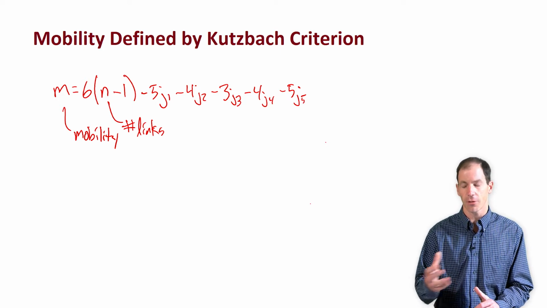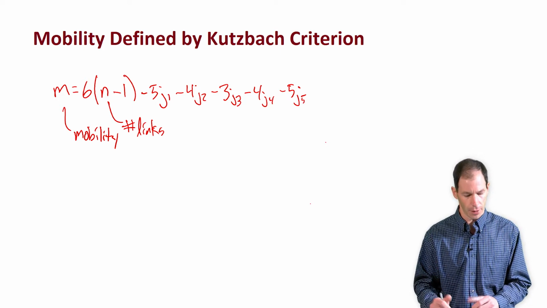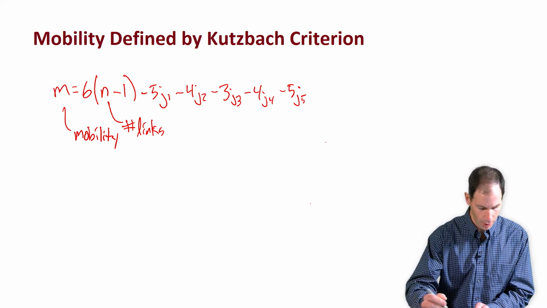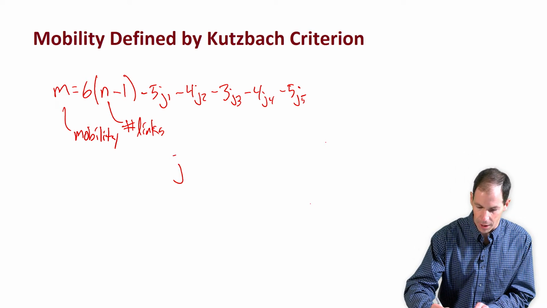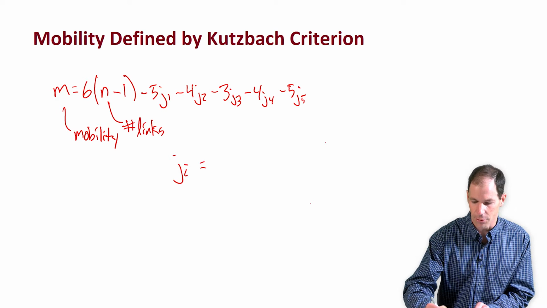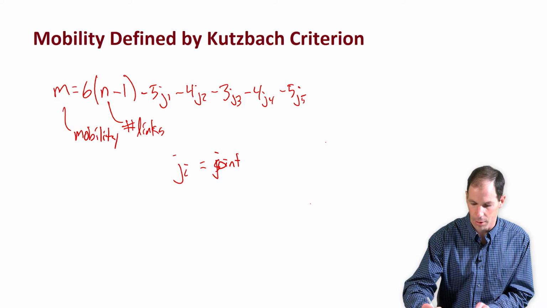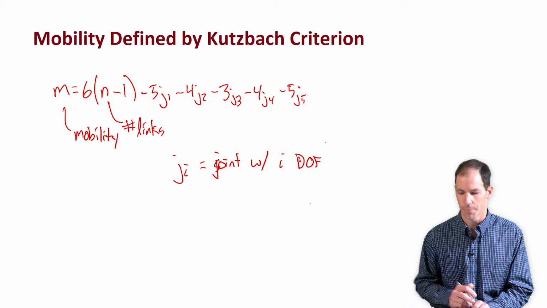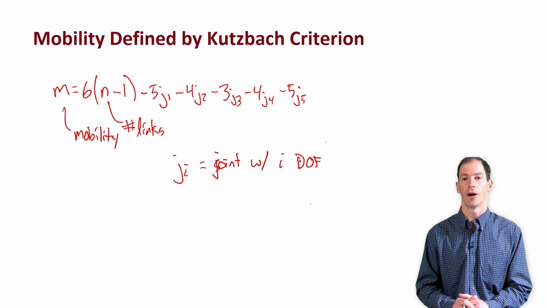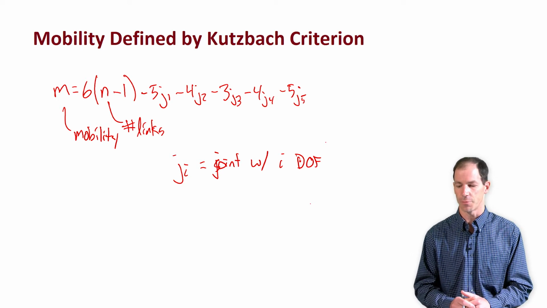So all these J's, let me just write it out for you. J sub i is equal to a joint with i degrees of freedom. So that's how we determine our mobility in a spatial world.